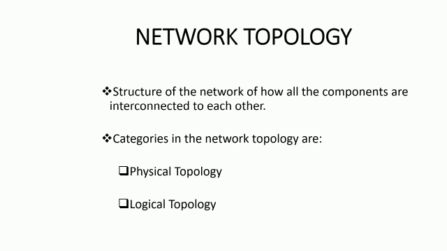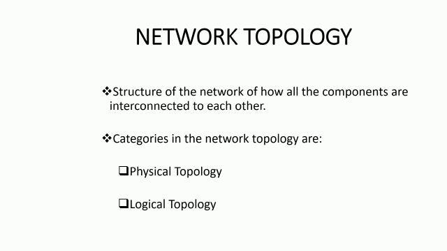Or I can also define topology as the geometrical representation of the relationship of the links and the linking devices. By linking devices, here I mean the nodes. Again, I'll repeat the definition. Topology can also be defined as the relationship of the links and the linking devices to each other.